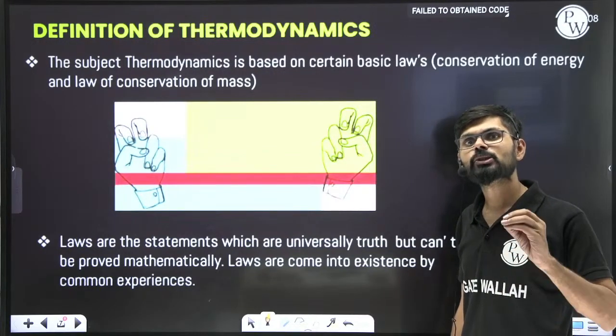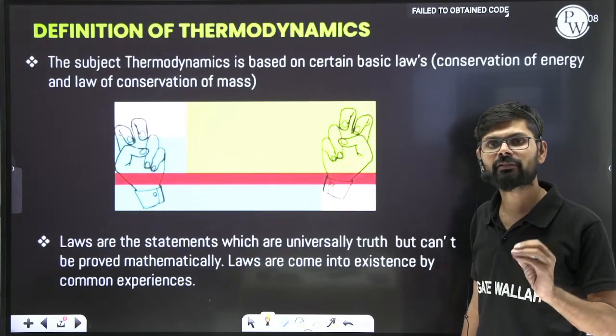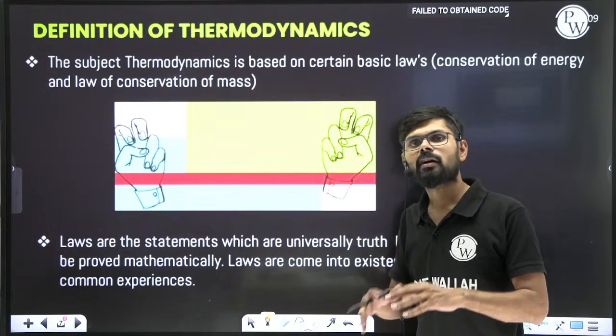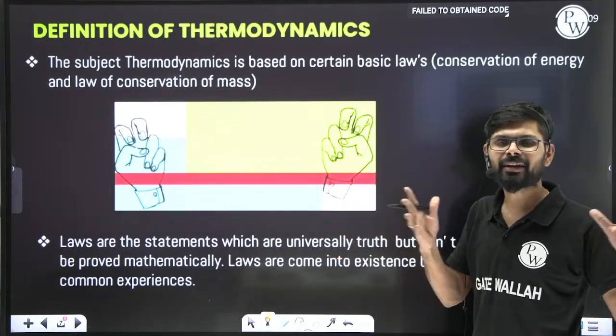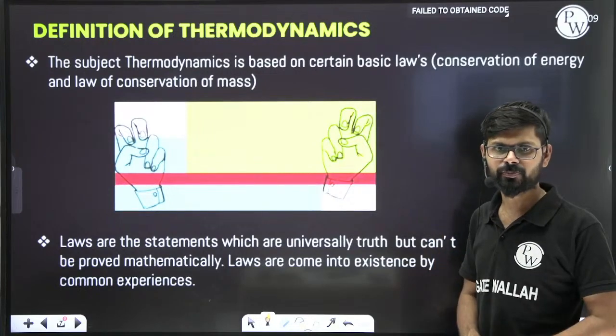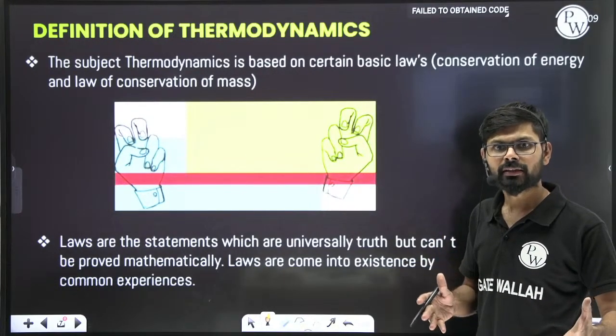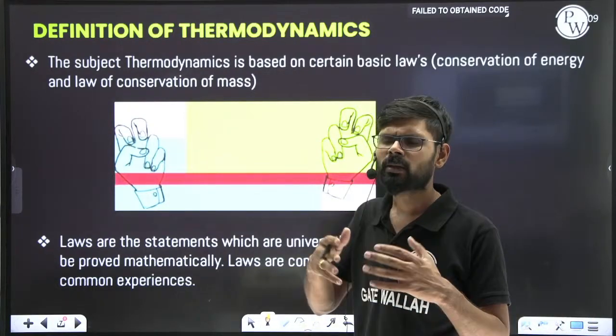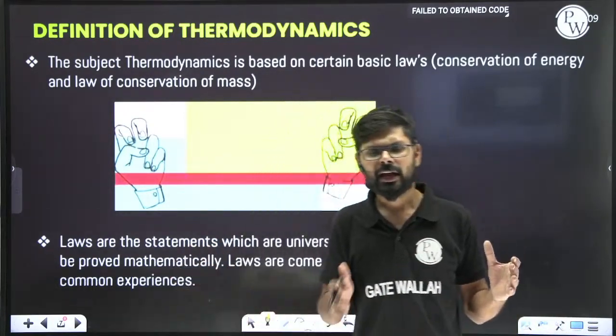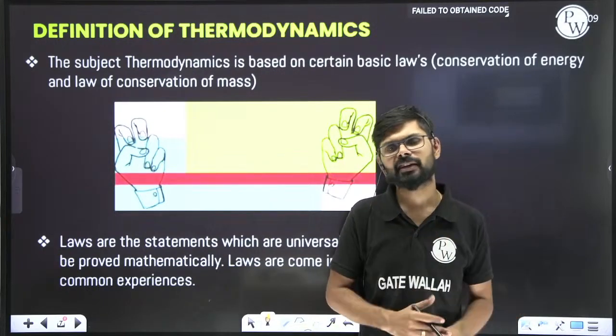Whenever a law is published, my dear student friends, thousands of experimental results have to be published or shown. Let's say you have done thousands of experiments and you found that this statement is correct everywhere.